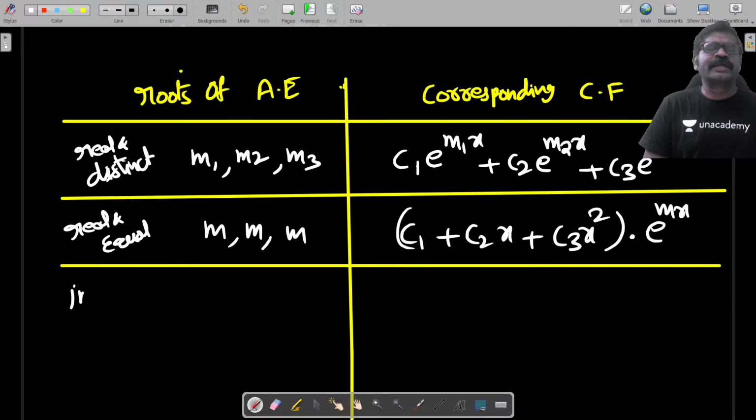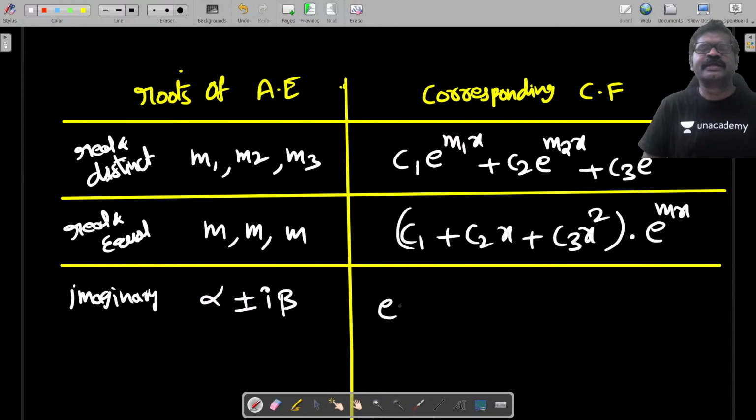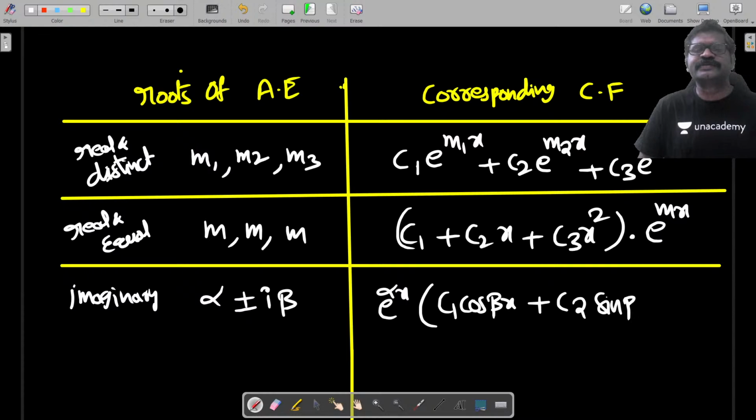If roots are imaginary, alpha plus or minus i beta, then e power alpha x of c1 cos beta x plus c2 sin beta x.